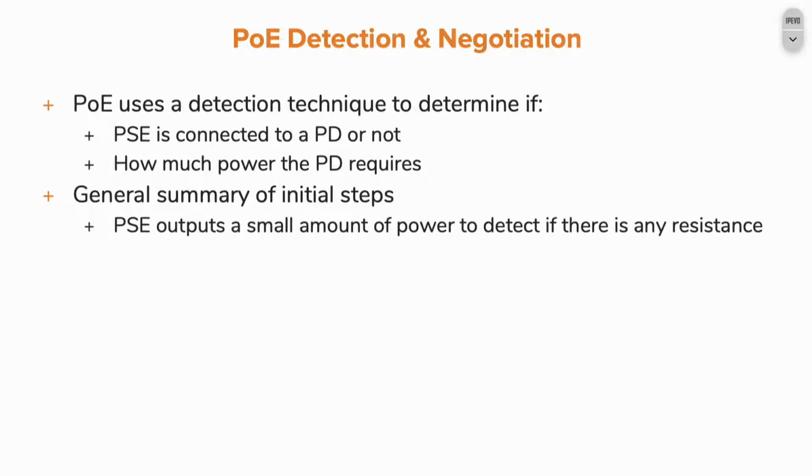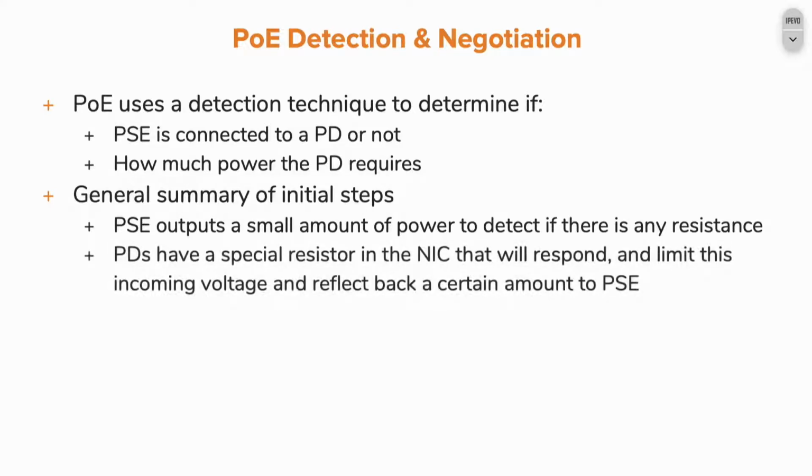Number 1, the power sourcing equipment, i.e. the network switch, will output a small amount of power to detect if there's any resistance. So power is going to go out and it's going to see if any of that power comes back on a separate cable or a separate wire. Now, if we're talking about a powered device, like an IP phone or an IP surveillance camera that needs power over Ethernet, that device will have special resistors on the wire that's receiving the power.